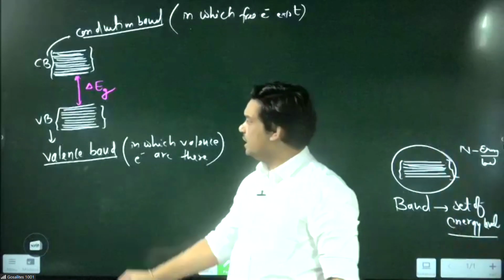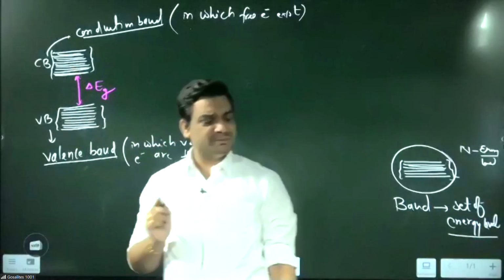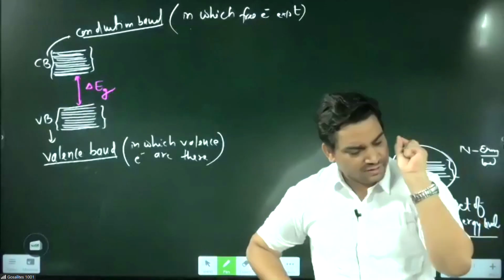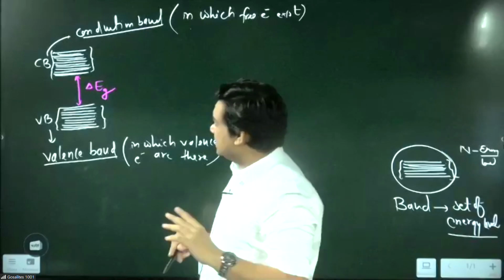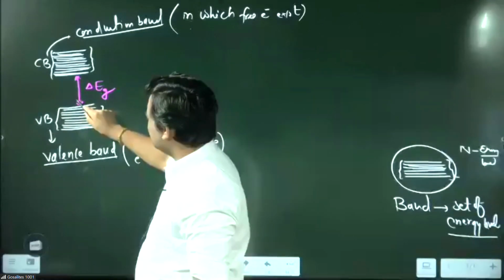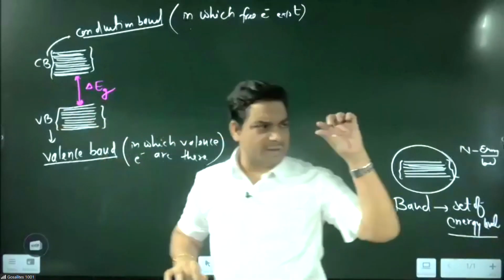Now, generally electrons are in your valence band. But in metals, this gap is either very small, or there is no gap between the valence band and conduction band.